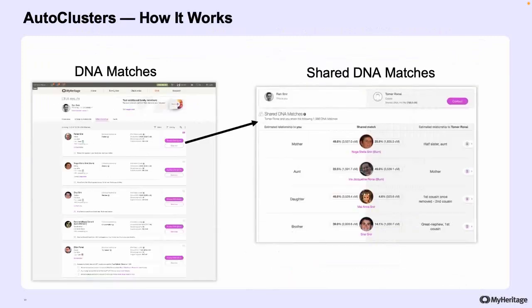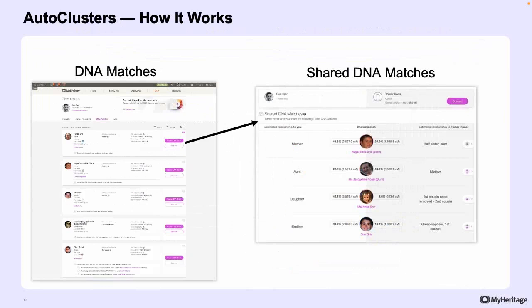Now, how does it work? What does it mean to have an autocluster? What are those groups that I'm talking about? These groups are groups of people that originated from your list of DNA matches. The algorithm of the autocluster takes each of your DNA matches and looks at the shared DNA matches you have in common.